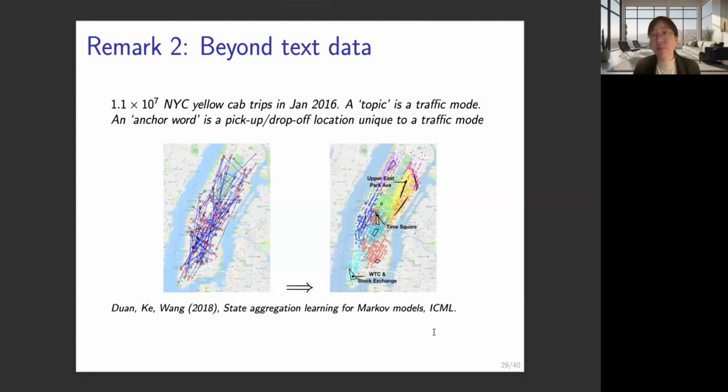For example, in genetics, we also have a lot of counts, allele counts, so it can also be modeled in this way. I had one paper in which we studied the traffic of New York City. It's also a count matrix, and we use very similar techniques as a topic model, and we get the topics, and each topic is interpreted as a particular traffic mode.